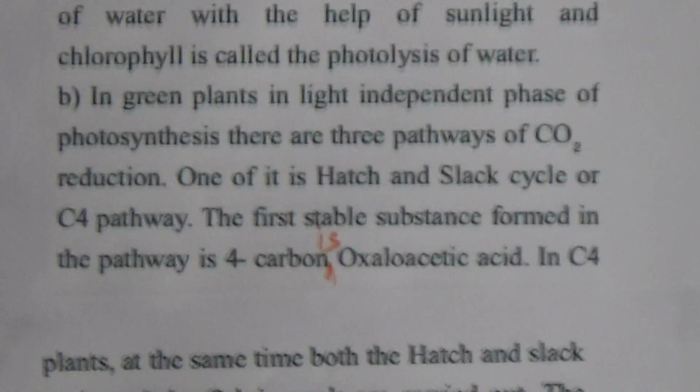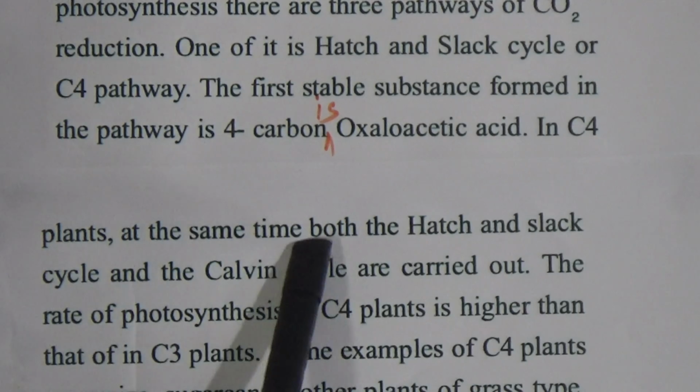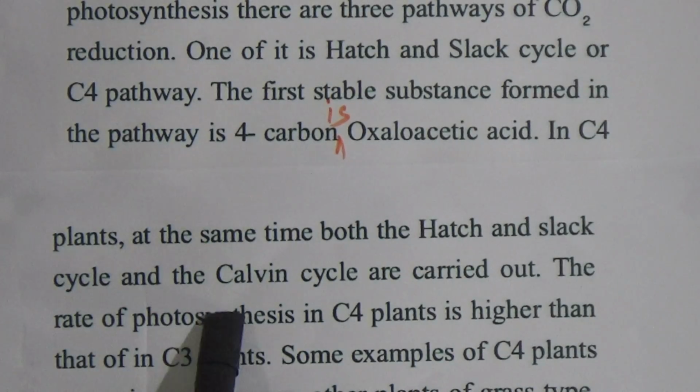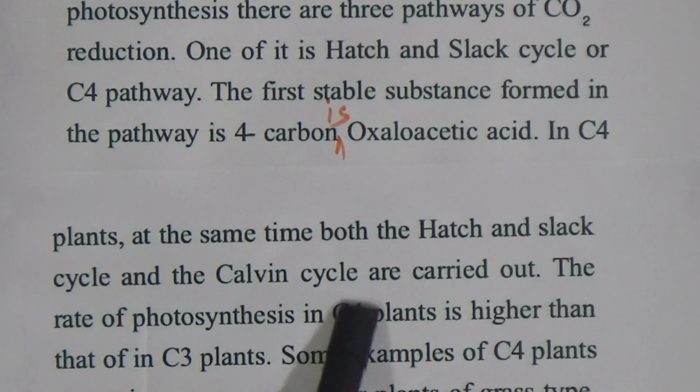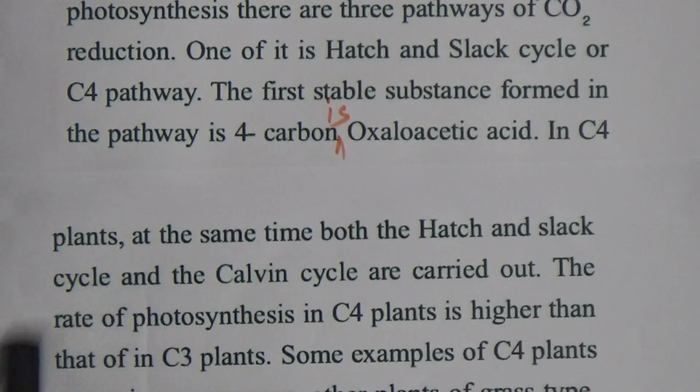And in C4 plants, at the same time, both Hatch's cycle and Calvin cycle are carried out. The rate of photosynthesis in C4 plants is higher than that in C3 plants. Some examples of C4 plants are maize, sugarcane, other grass type plants like motha grass, and amaranthus, and this whole part is taken from your textbook. You can follow your textbook also.